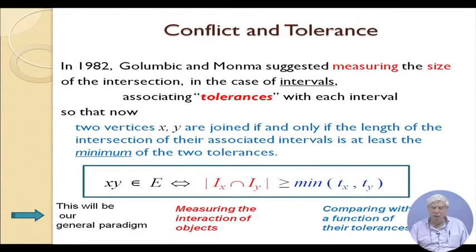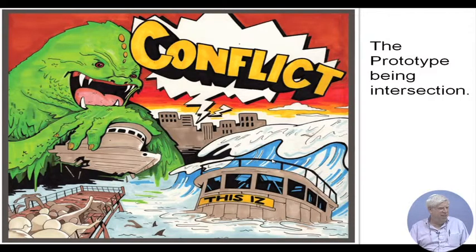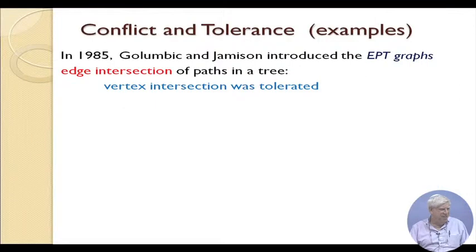So this is a very nice mathematical model, and it opened up a whole world of chaos. So here we have some conflict, the prototype being very strict intersection. And then there's tolerance, where the big guy and the little guy get along, okay? To a point. Now those interval tolerance graphs are a whole subject on their own.